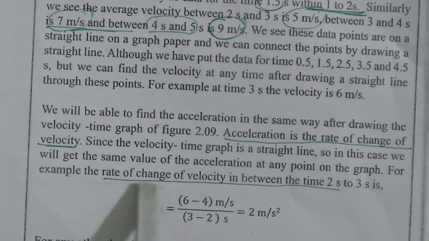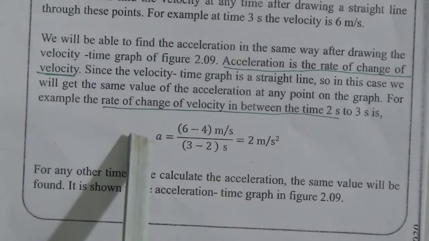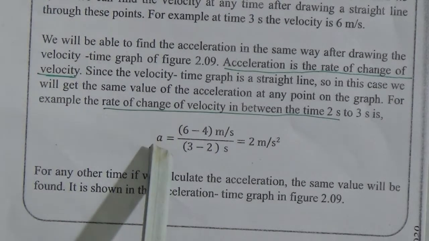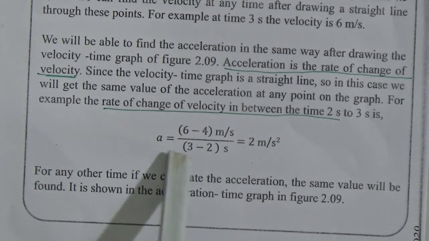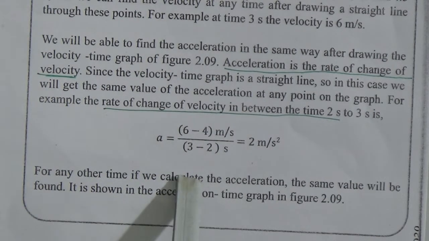For example, the acceleration a between the time 2 second to 3 second equals the rate of change of velocity, that means final velocity minus initial velocity divided by time duration.